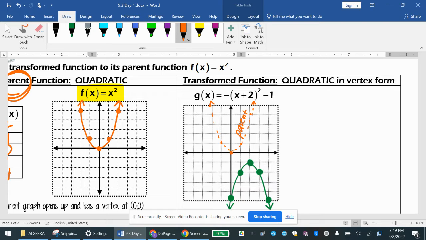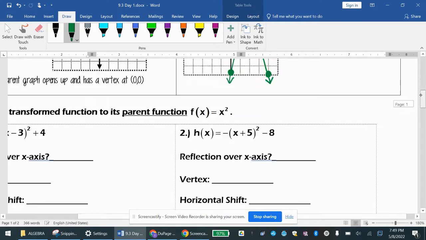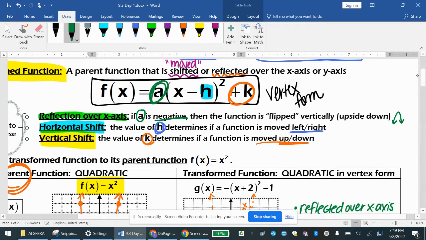So cositas que pueden notar, some things that you should be able to notice. It is definitely reflected over the x-axis because if you remember up here, we said that when it's flipped vertically, cuando la parábola está boca abajo, when it's upside down, that means it was reflected over the x-axis, okay?